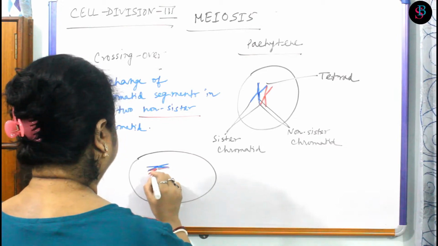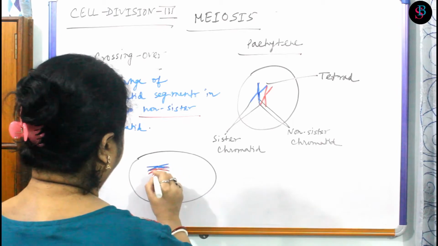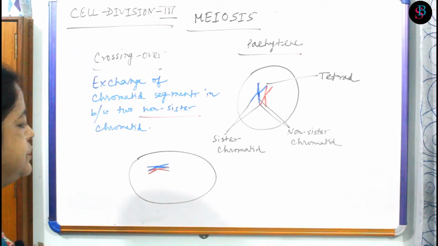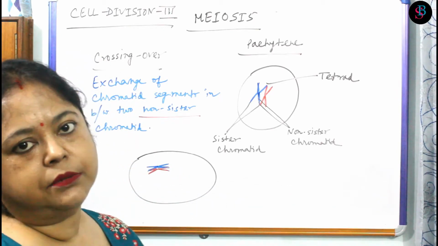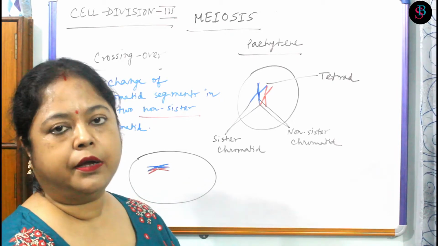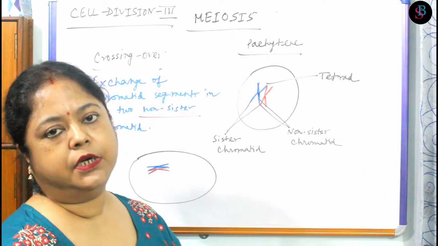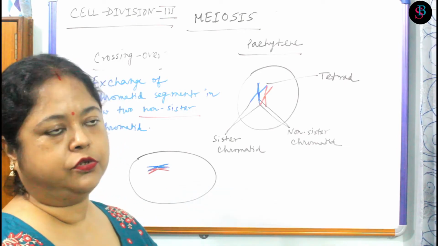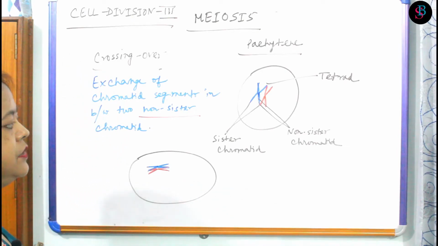Here the synapses will be removed. In the stoppage of the synapses, as synapses has no role now, as synapses had the main role to facilitate the crossing over. So after crossing over, it has no role.